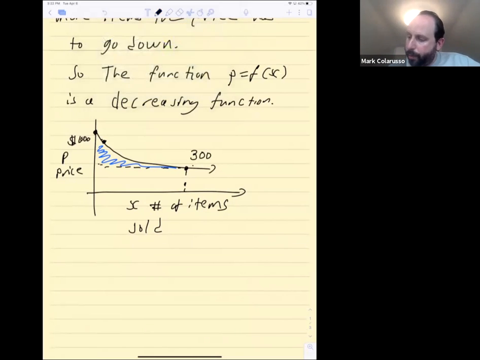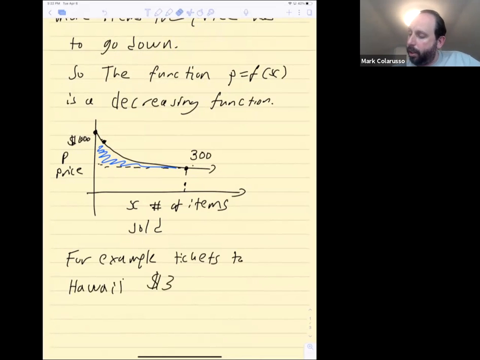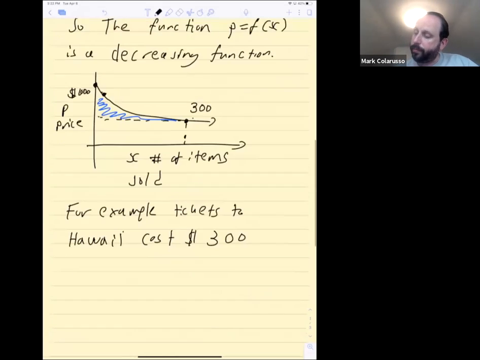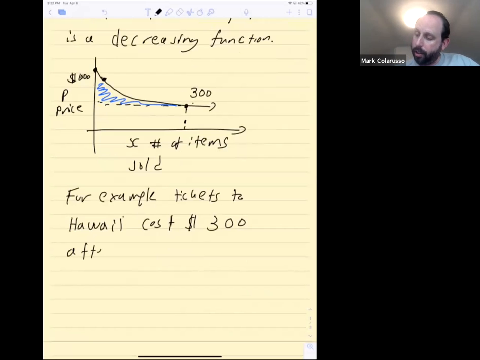So for example, tickets to Hawaii. 300 is probably really cheap, but let's just say 300. Maybe it's a deal after the pandemic to get people to fly again. It costs $300 after the pandemic. And let's say they sell capital A tickets, a number of tickets.